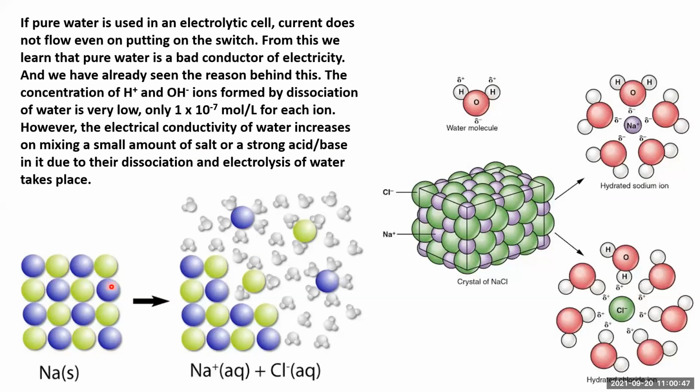Now, what happens when you put this NaCl into the water? The Na atom gets surrounded by the water molecules. These small ones are water molecules. The two showing hydrogen and one is oxygen. Likewise, this one is oxygen and these two are hydrogen.